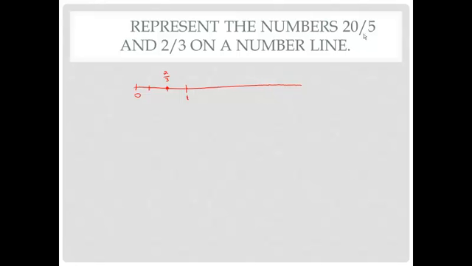Okay, 20 over 5. Now you would want to simplify 20 over 5 first. And remember, a fraction bar is the same thing as division. So if you can divide evenly and divide it out into a regular number, then go ahead and do that. So 20 divided by 5 is 4.